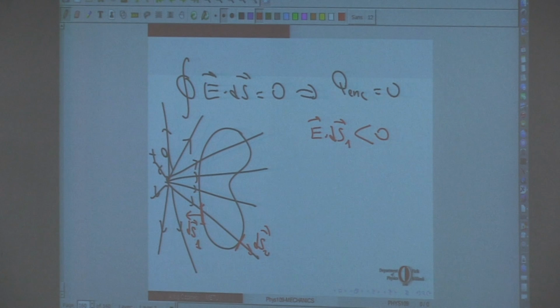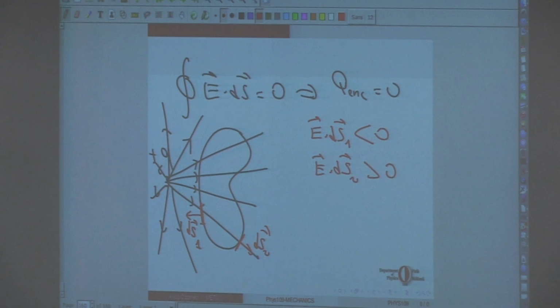And E dot ds2 is larger than 0 because the angle between E and ds is less than 90 degrees. So we have negative contributions from this side, positive contributions from the other side. The sum of all these negative and positive, they just cancel.